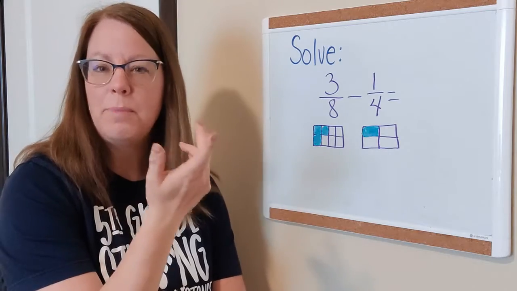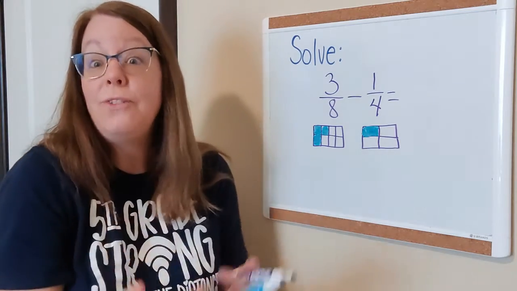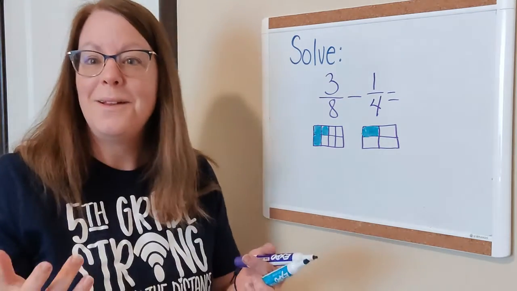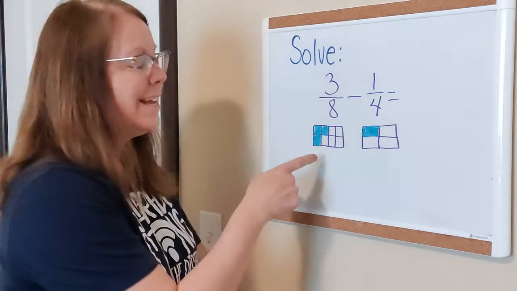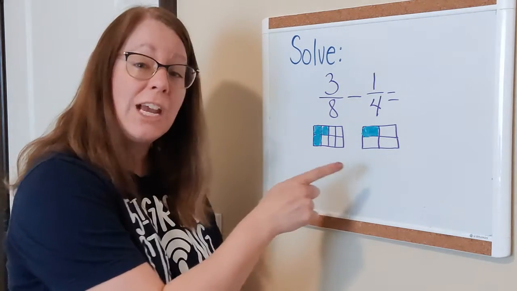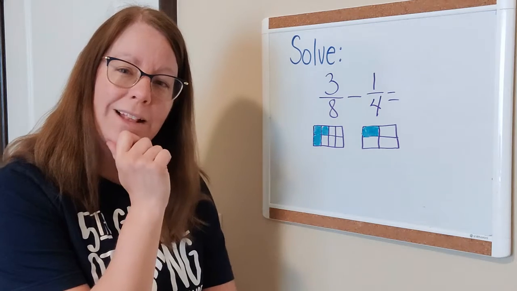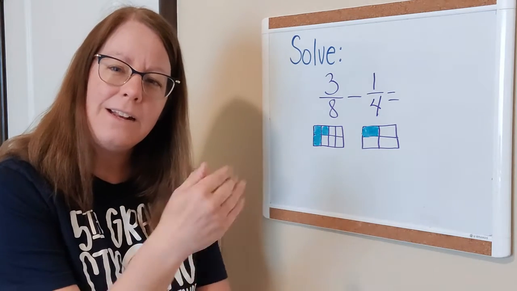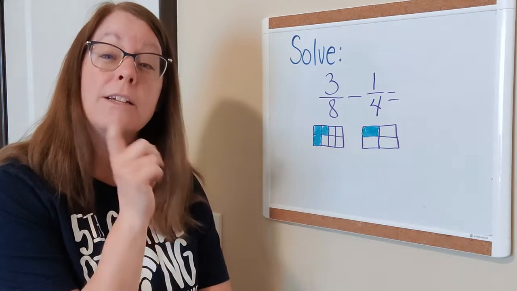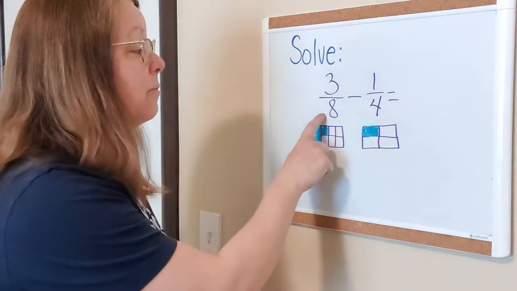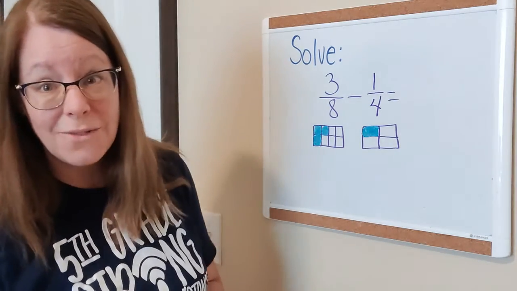If you have cut a pan of brownies, you can't magically fuse them back together and make them one big piece. You can't do that. So you can't change this one, but you could change the 1/4, right? If you had that pan of brownies and you cut it into 4 pieces, you could keep cutting and you could cut smaller pieces. And that's what we have here. 8ths are smaller than 4ths.